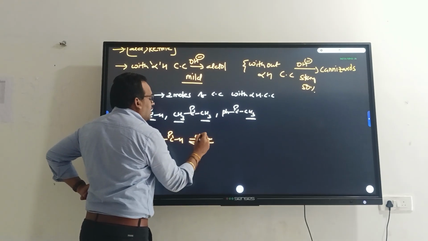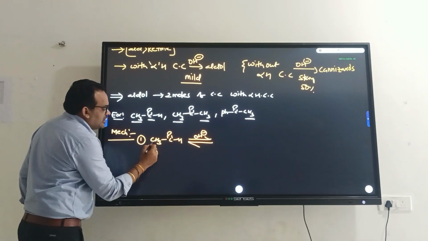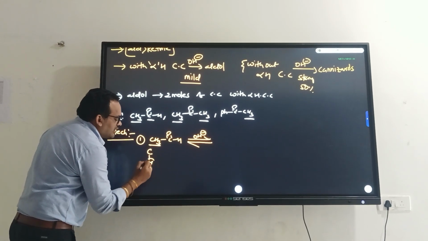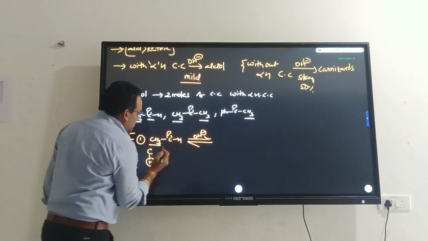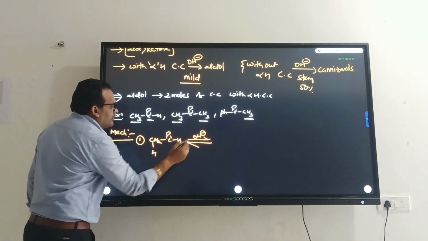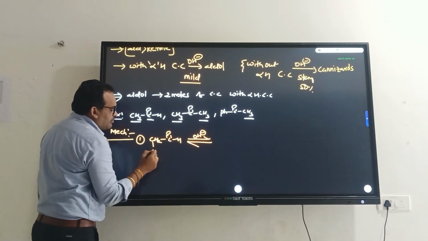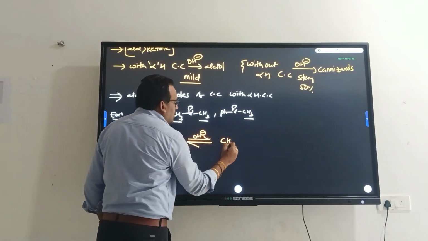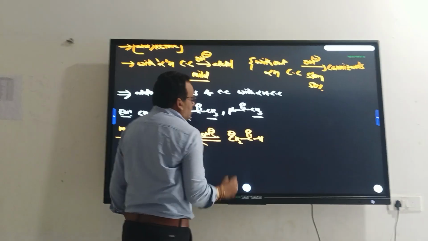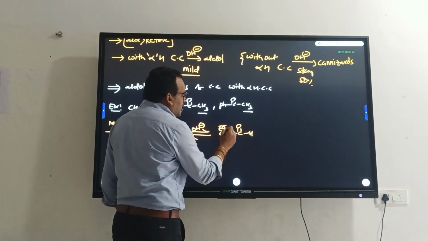The base reacts with the alpha carbon; these alpha carbon hydrogens are slightly acidic in nature. So when you add the base, it will abstract the proton and generate CH2 minus C double bond OH. This one is stabilized by resonance.